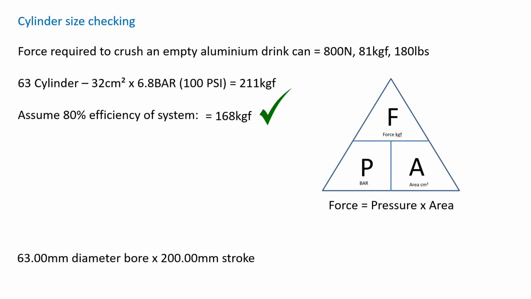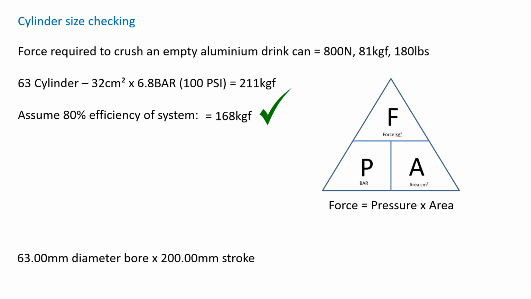Using the force pressure area triangle, I determined that I need a cylinder with a 63mm diameter or bore for use with my workshop compressor, which outputs 6.8 bar or 100 psi. The drink can is about 150 millimeters high, with a bit of clearance for my hand.